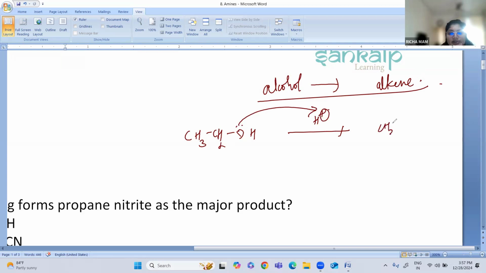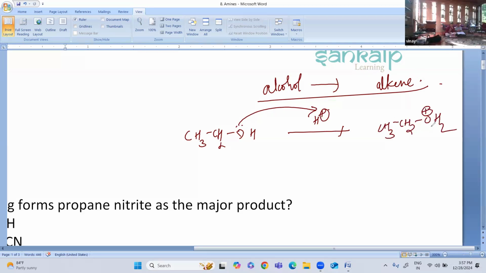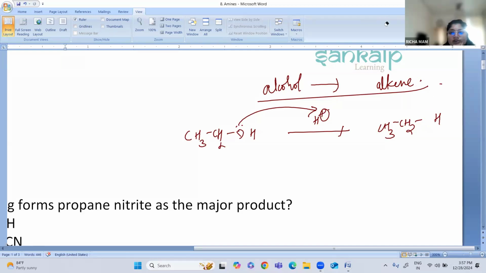I'm going to get CH3CH2OH2 plus. If I don't write this plus here, and I have written CH3CH2OH2, there is loss of a water molecule, I got CH3CH2 plus.